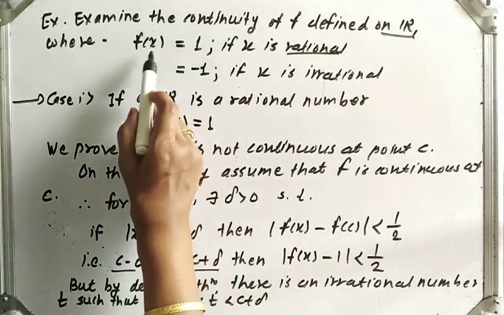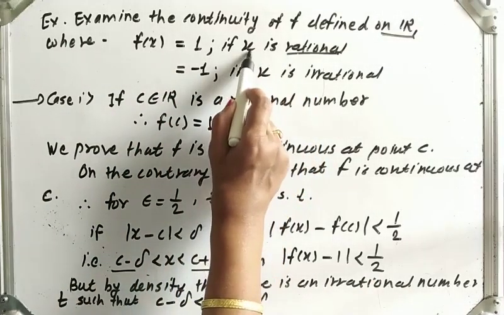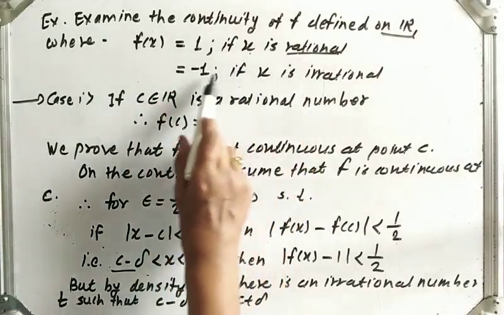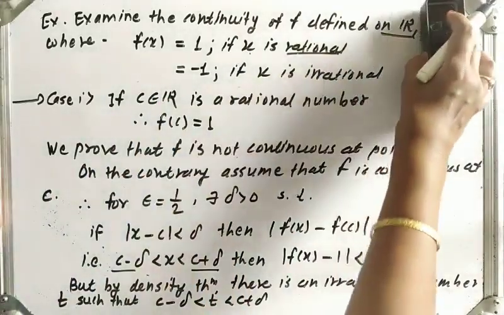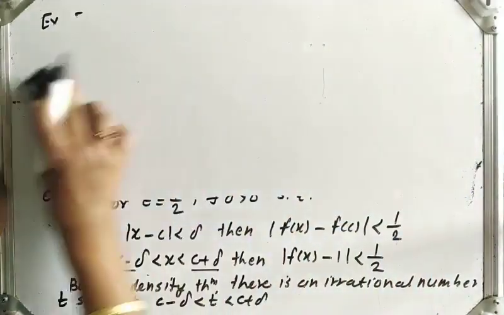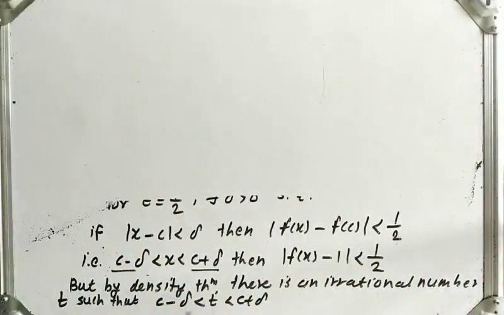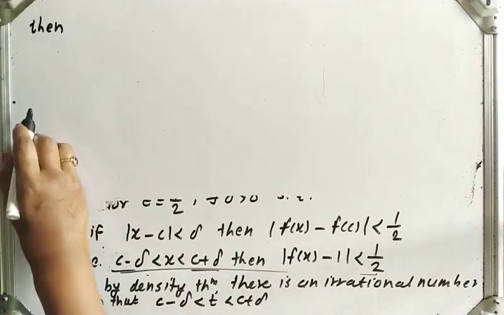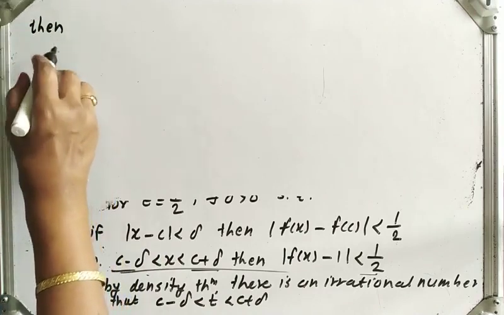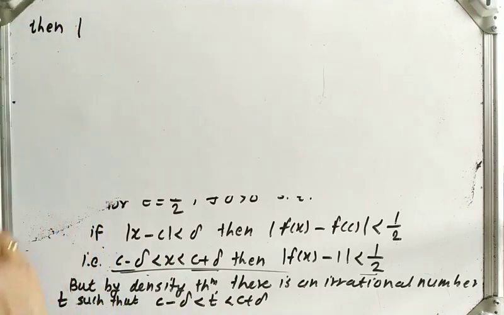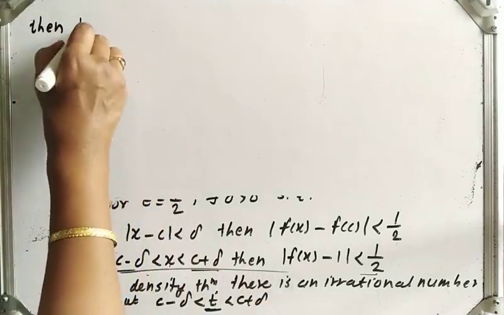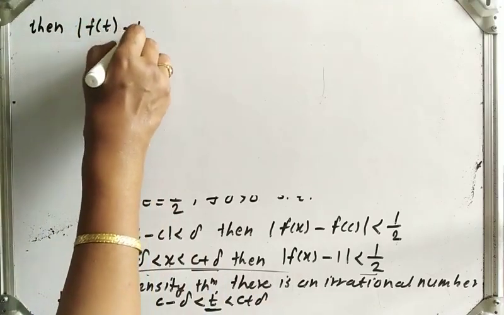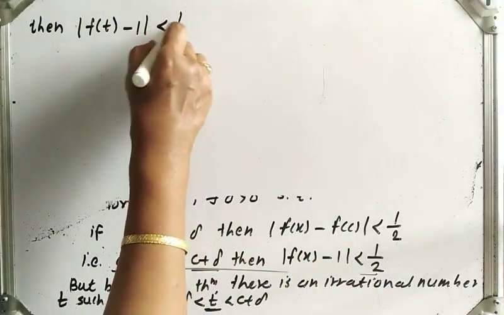And remember that if the number is rational, then f of x is 1. If the number is irrational, f of x is minus 1. Now here, if t is between c minus delta and c plus delta, then using this condition, mod of f of t minus 1 is less than 1/2. Here it is not x, here it is t.